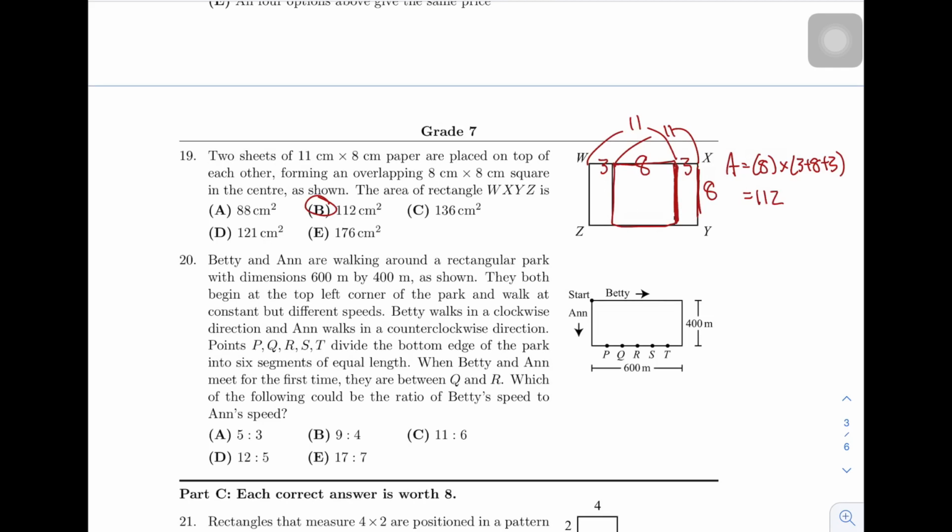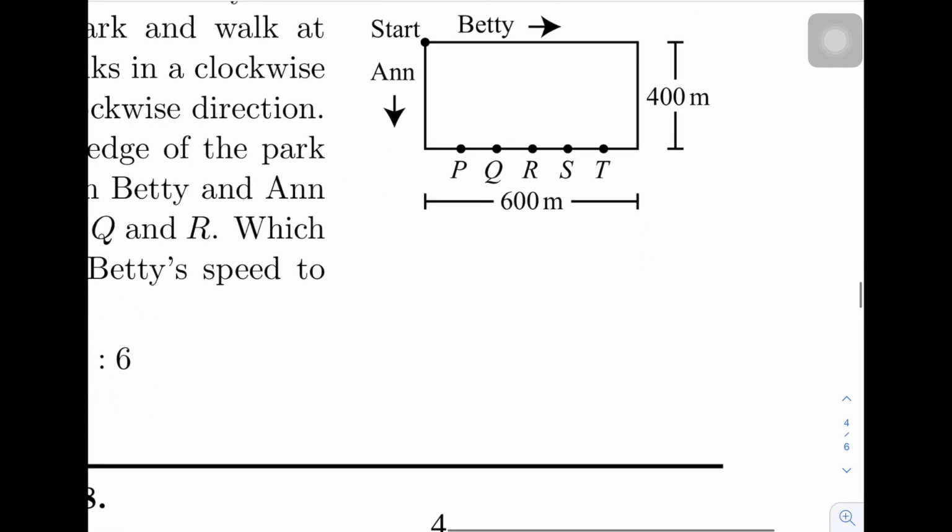So the first thing I'm going to do is separate into two conditions: if they first met at Q and if they first met at R. So you know that they didn't meet at Q or R, you know they met in between. So if we find their ratios, we would have to look at the answers provided and see which answer is between the ratios of Q and R. So I'm going to calculate the distance first.